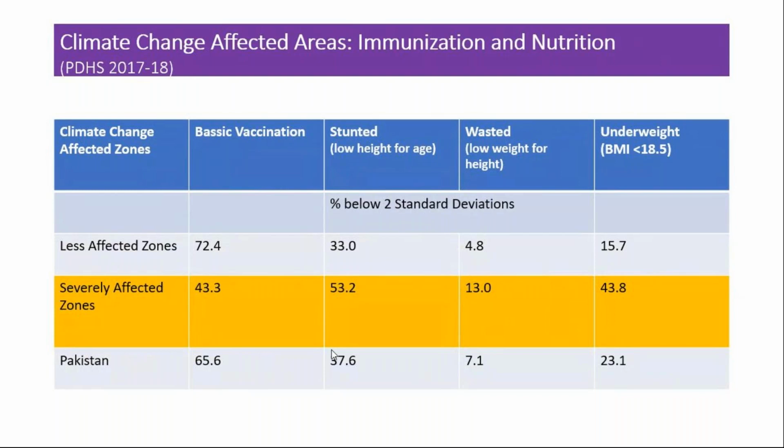In these severely affected zones, basic vaccination, and children who are stunted, wasted, and underweight, all these indicators are worst. So there's a link between climate change implications and these areas, especially in terms of the health of children and women.